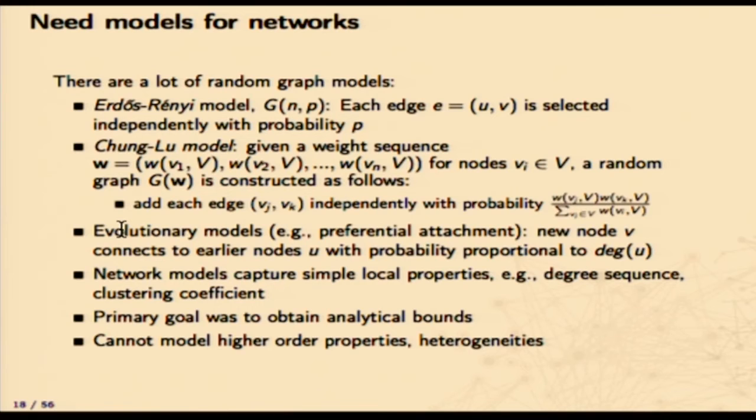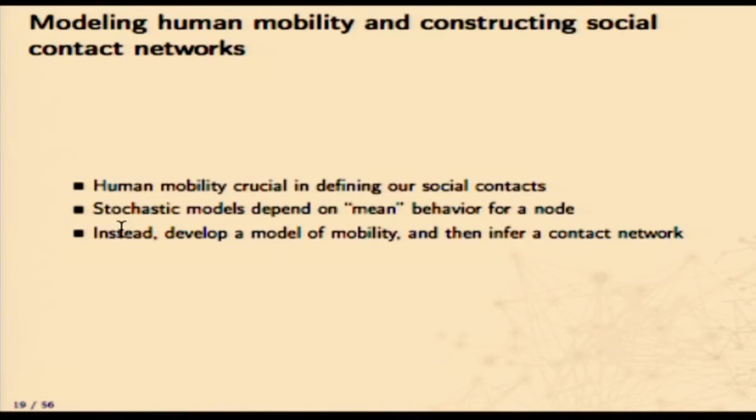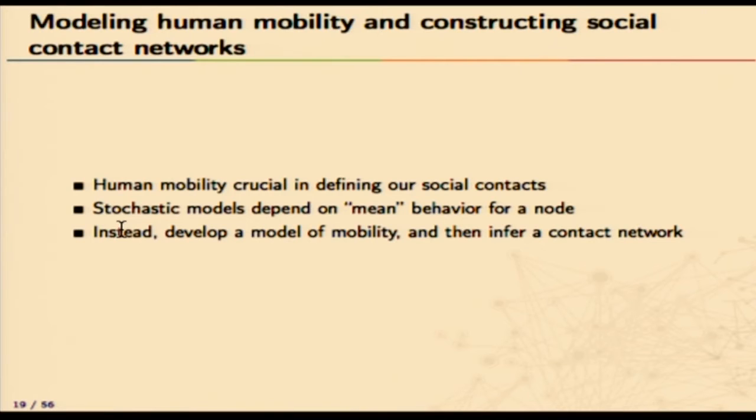These models capture local properties, so you can preserve degree sequence and clustering and so on, but people have found that if you run epidemic processes on these, they might have different characteristics than what you observe in the real world. So this suggests you need to model mobility in order to get good network models on which you can study diseases.